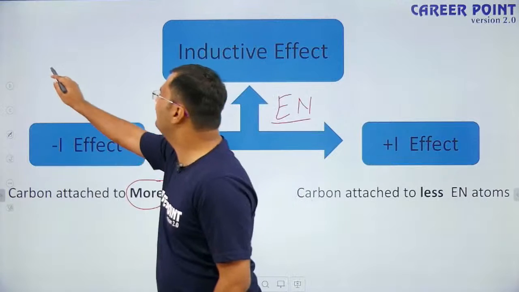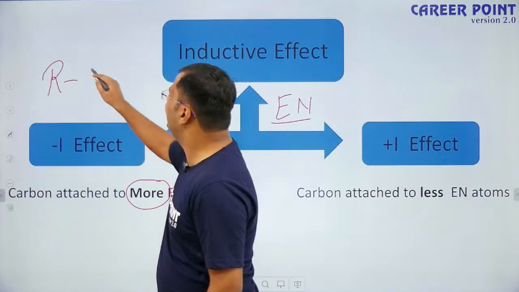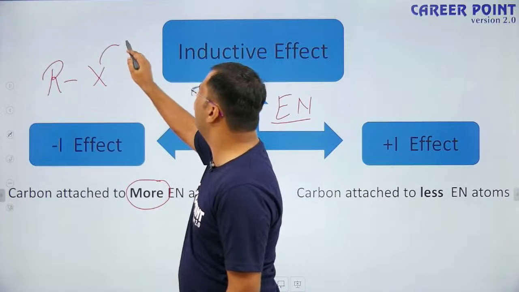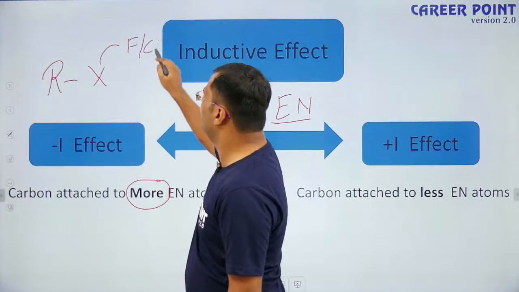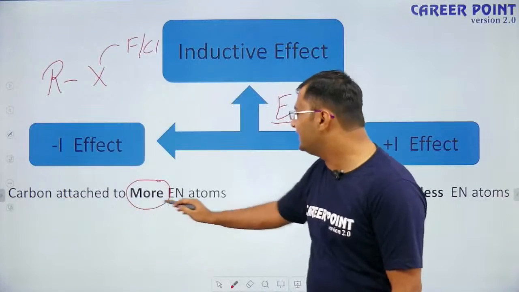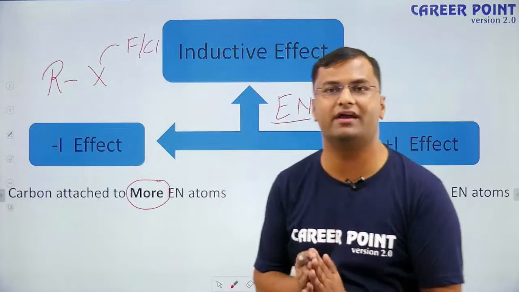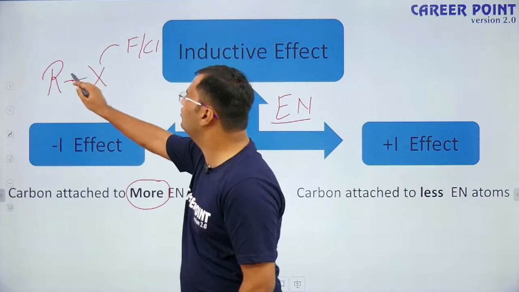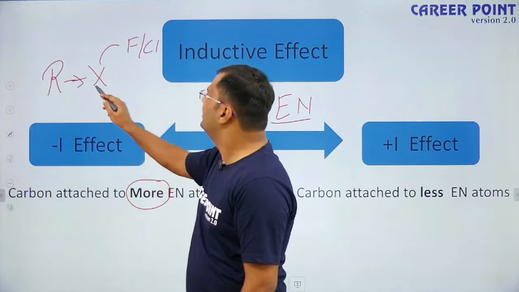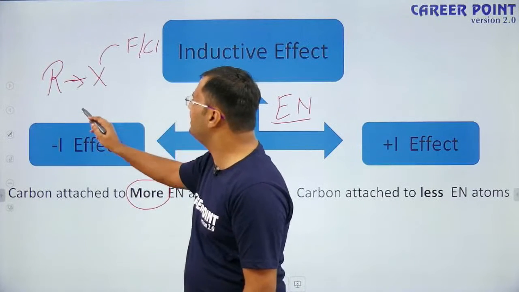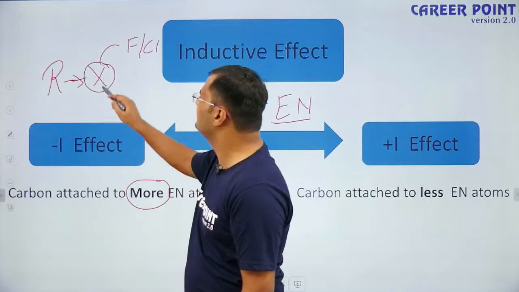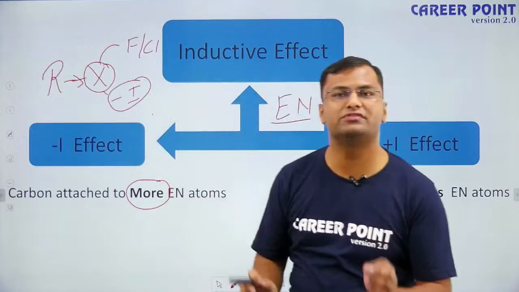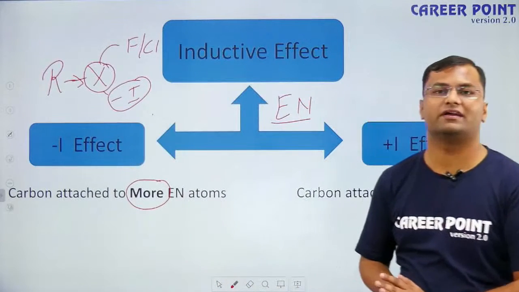Now we will take an example of any R-X, where X is any halogen, fluorine or chlorine, because here carbon is attached to a more electronegative atom. What's going to take place? Here shifting of electrons is going to take place, and this group produces a minus I effect.